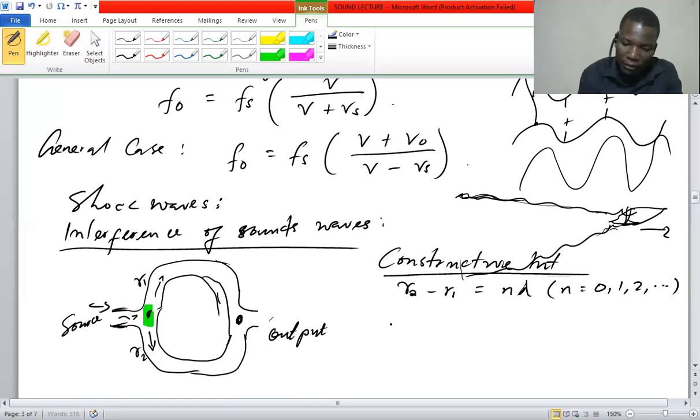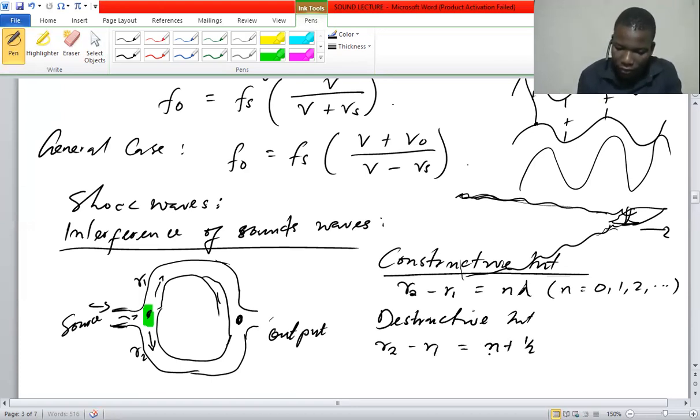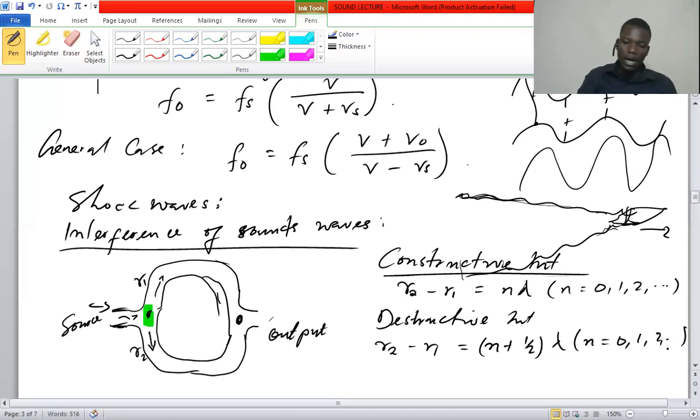But for destructive interference, you have the path length difference of n plus half, where n also starts from 0, 1, 2, and so on. So that's a bit about interference of sound waves.